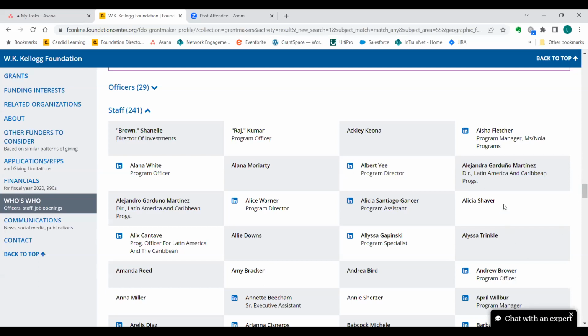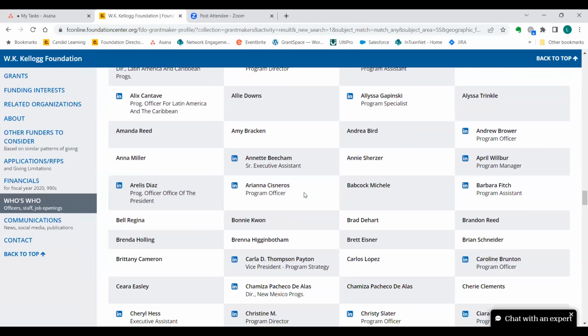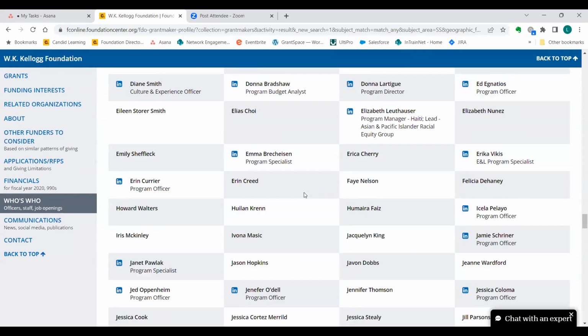In this case, Alejandra Martinez is the director of Latin American and Caribbean programs, so maybe you address an email to her. We have these little LinkedIn icons here. That means that these particular people are on LinkedIn, so if you're on LinkedIn, you can find out if you have a connection with them, or at least that's a way to send them a message.